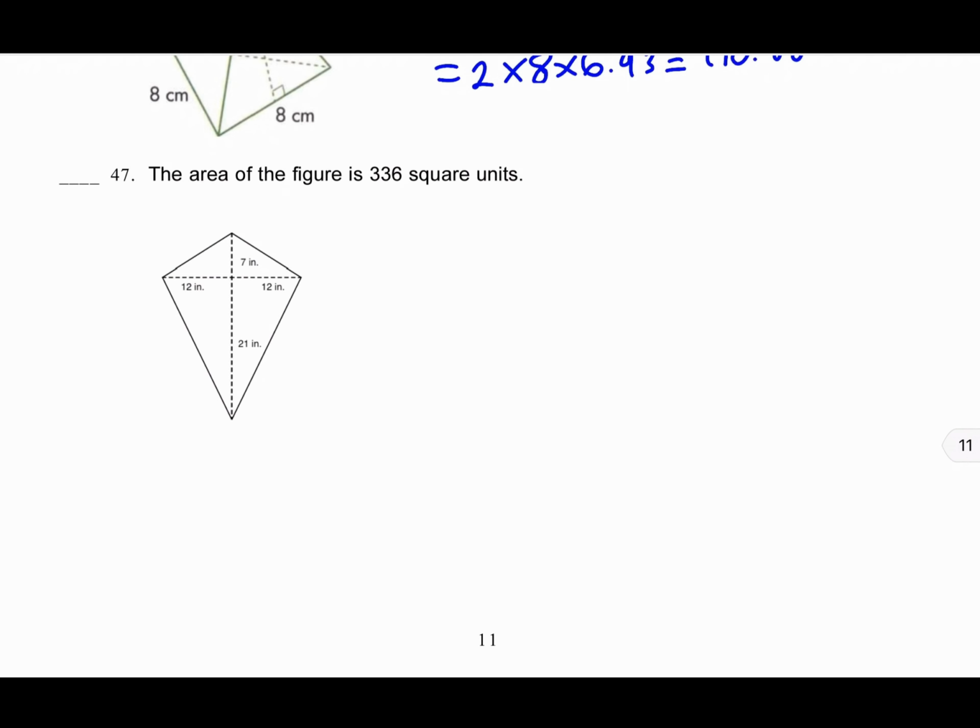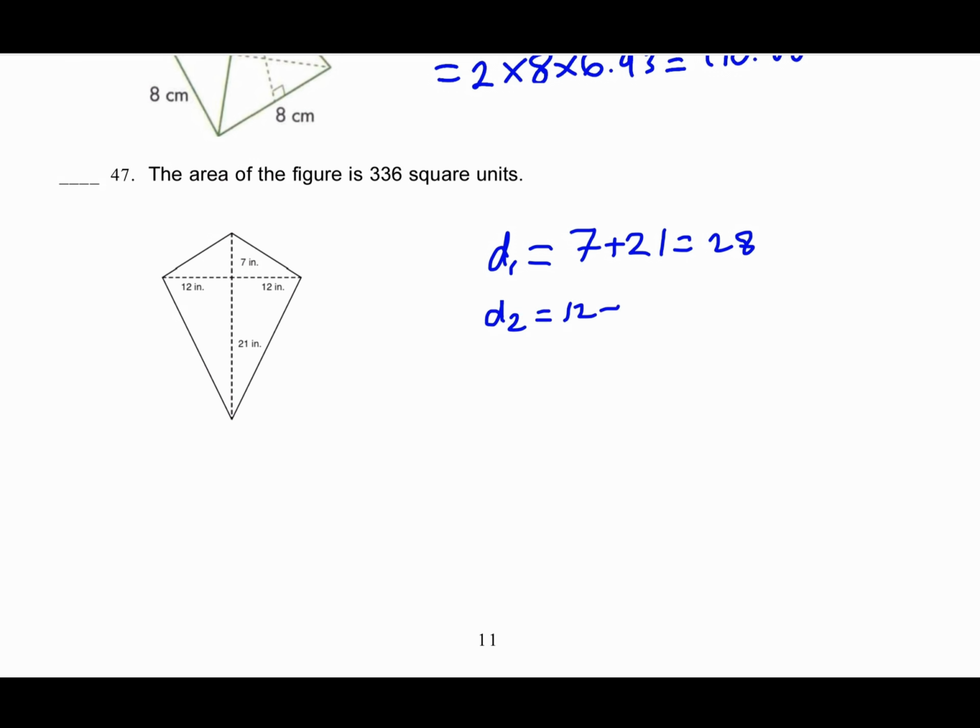Next question. The area of the figure is 336 square units. As we know, this kite and the area of kite equals the product of the two diagonals divided by 2. So now we have D1, the first diagonal is 7 plus 21 equals 28.